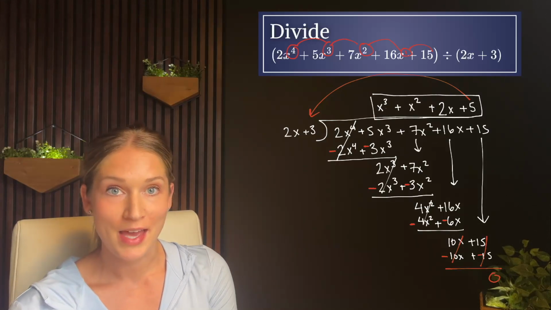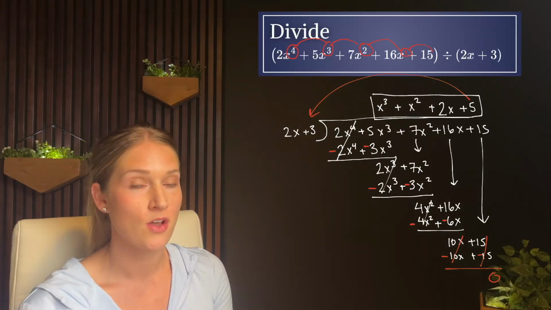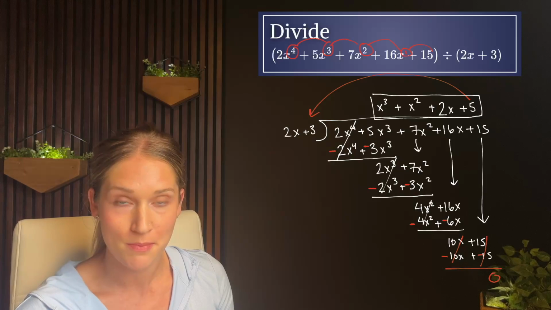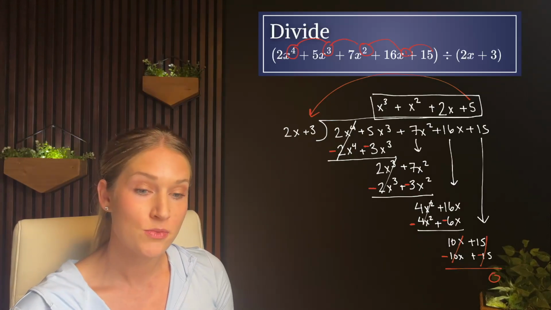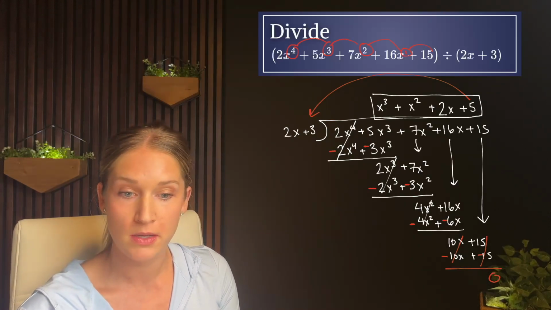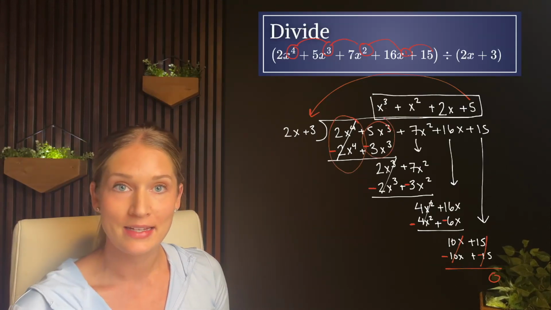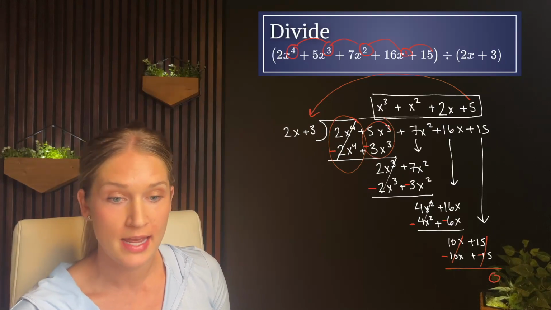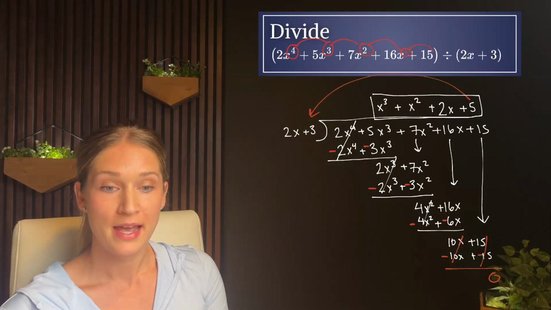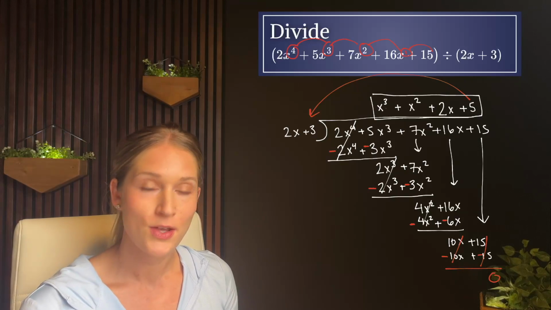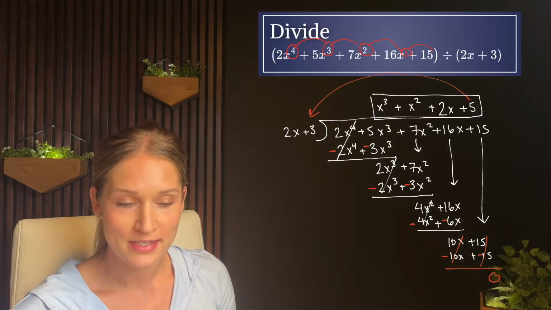So starting at the highest and going all the way down to the lowest, all of those powers are represented. We're not missing any. And that is super helpful because when we went through and we were doing our subtraction, all of our terms were like terms.